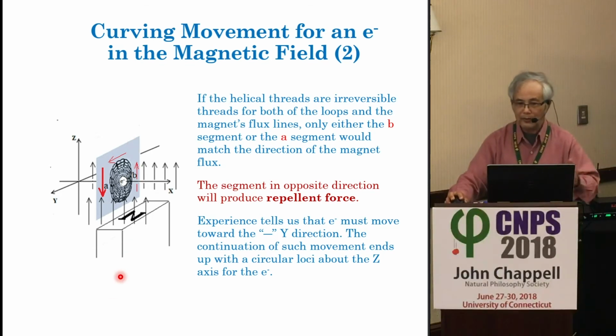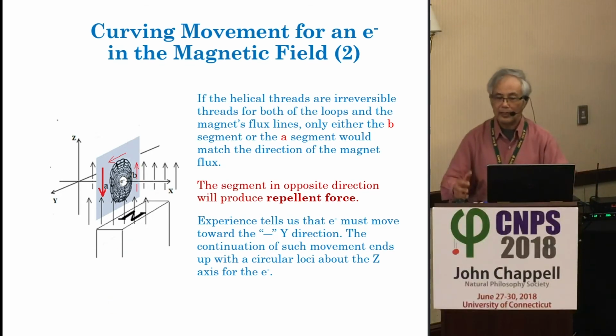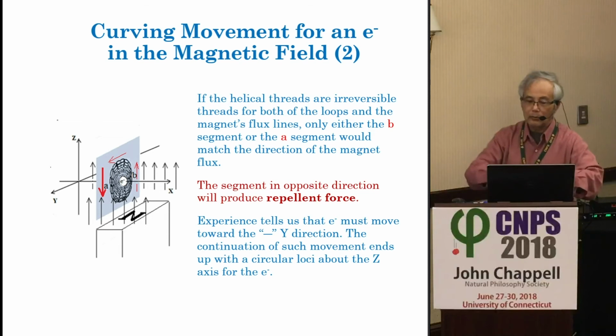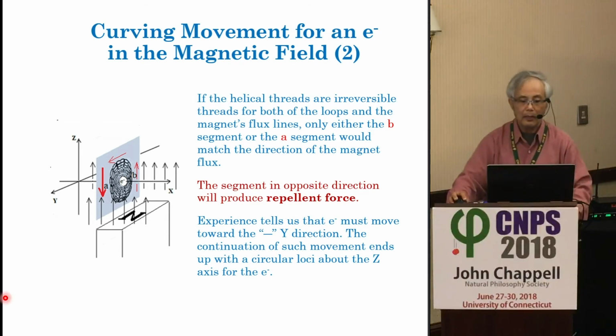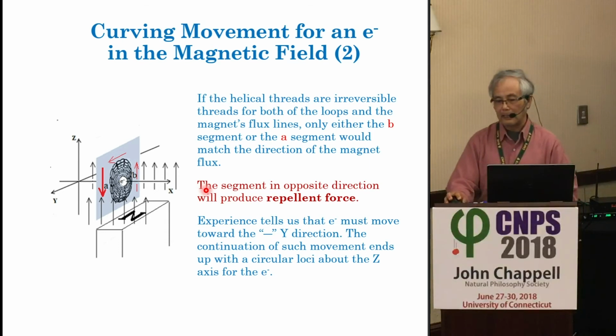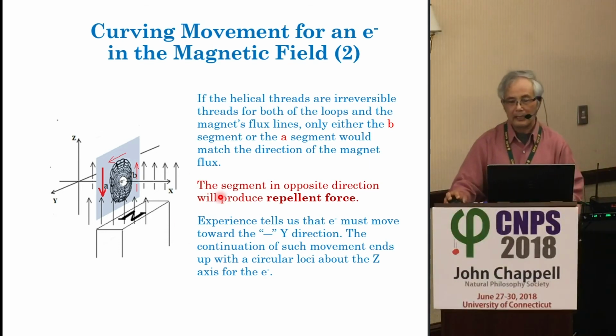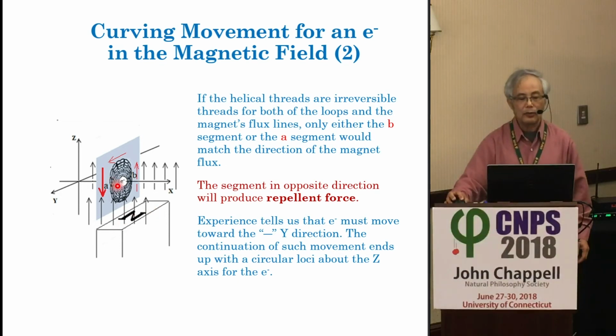So, with all the forces considered together, the electron must move away from this x-axis. Experience tells us that with this setup, this electron has to move toward the negative end of the y-axis.